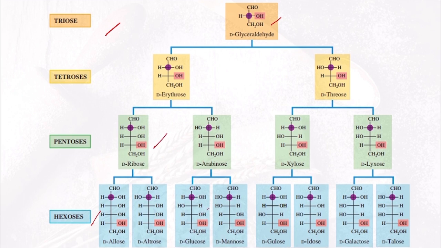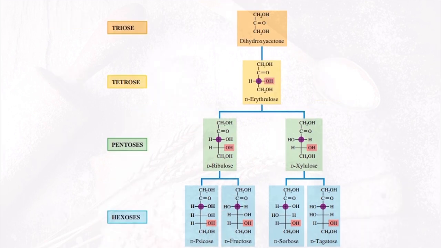You have D-glucose, and D-galactose. Ayan yung wag na wag nyong kakalimutan na structure, no, dito sa aldoses. And then for the ketoses, we have dihydroxyacetone and itong si fructose.